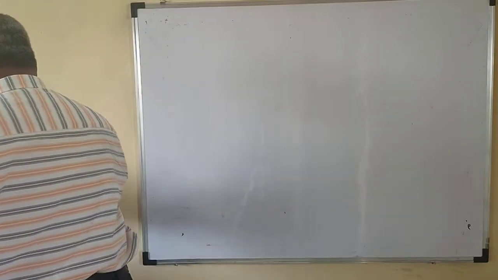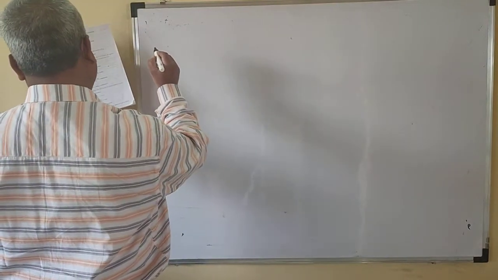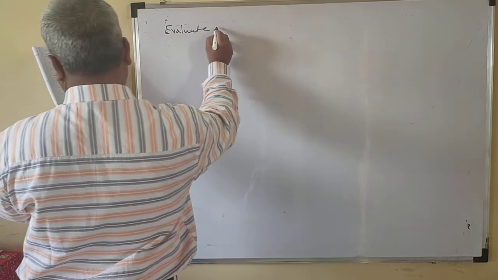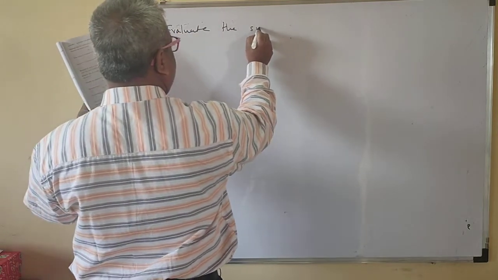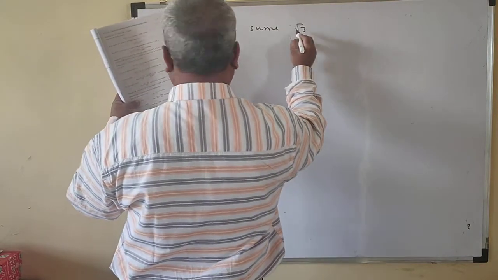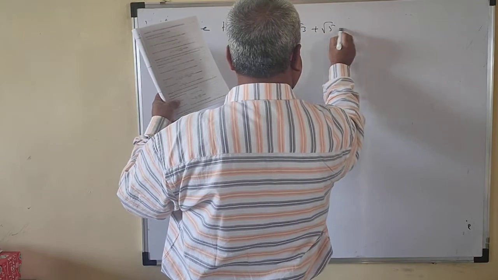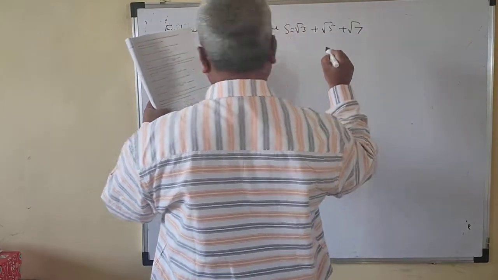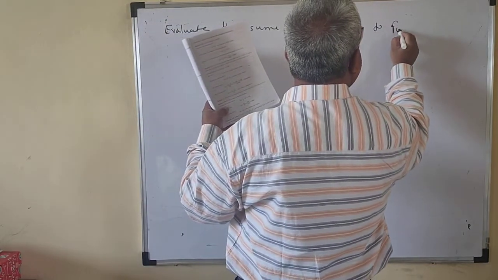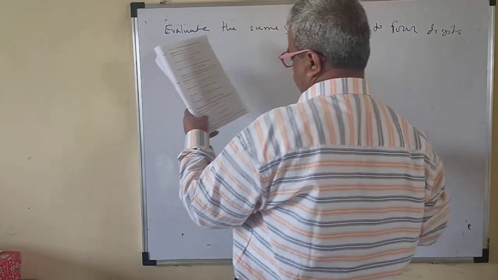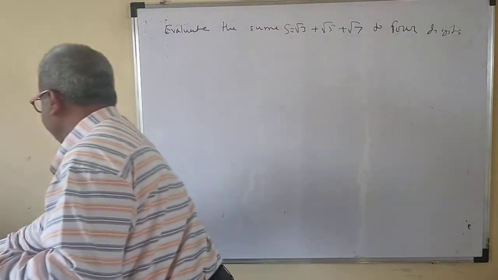Next, evaluate the sum S is equal to √3 plus √5 plus √7 to 4 significant digits.